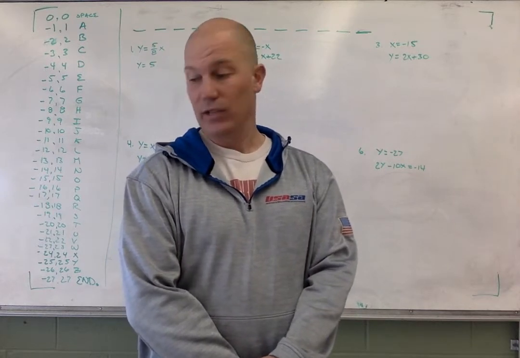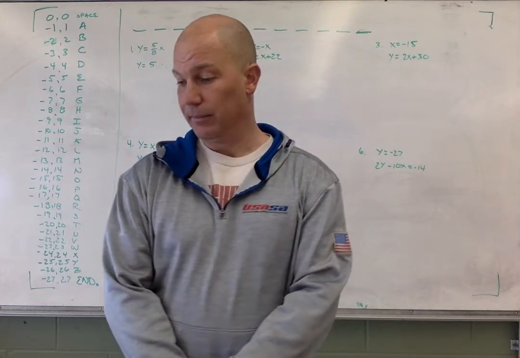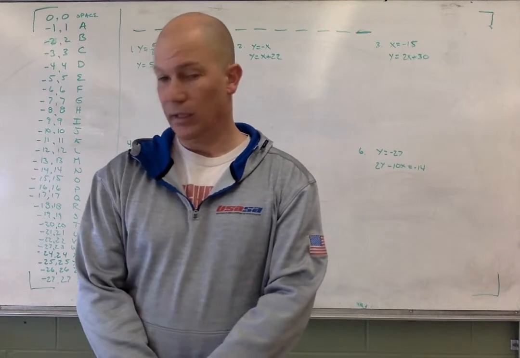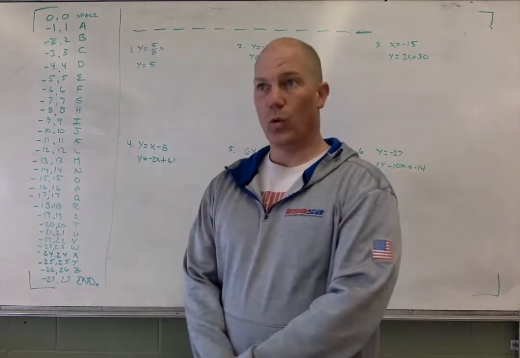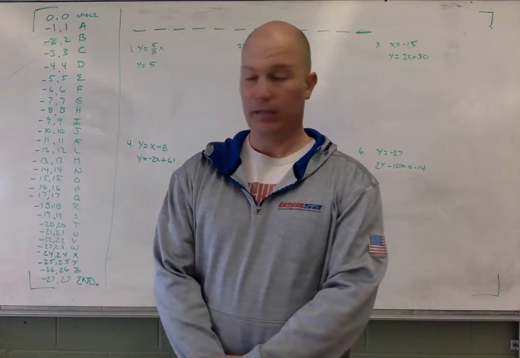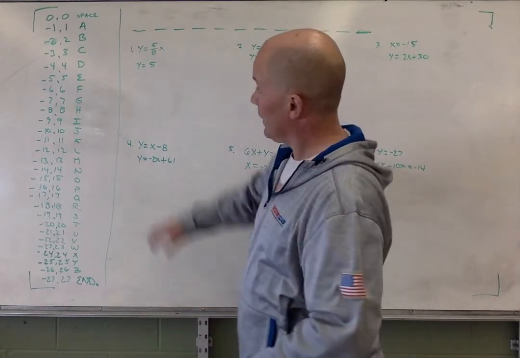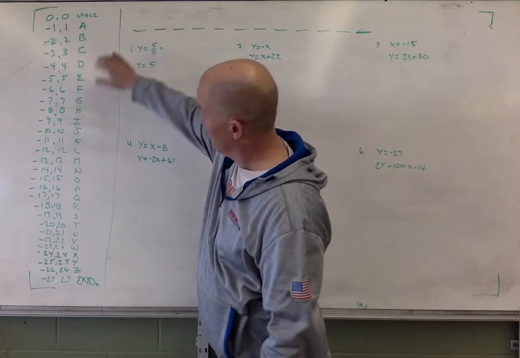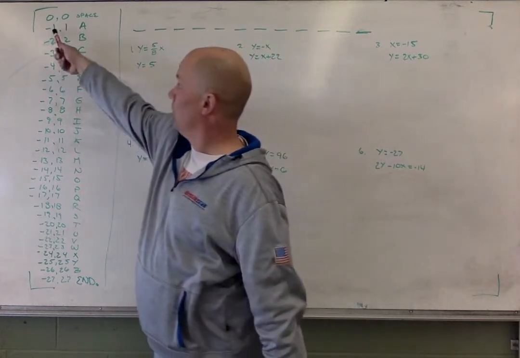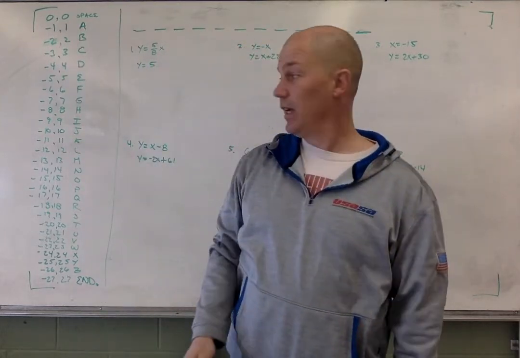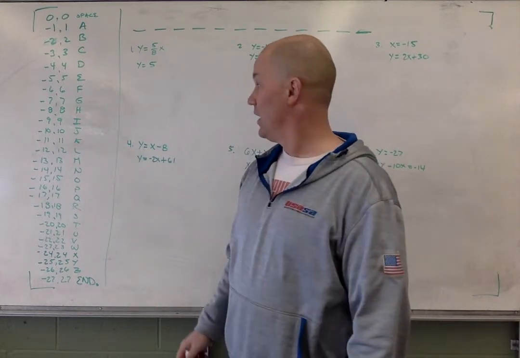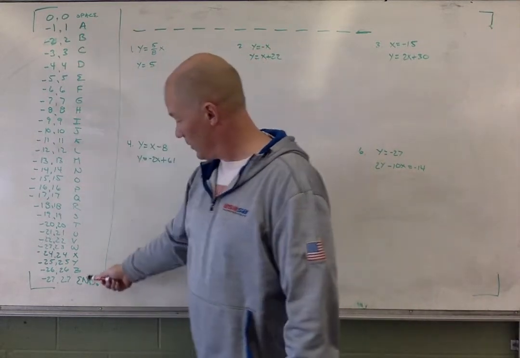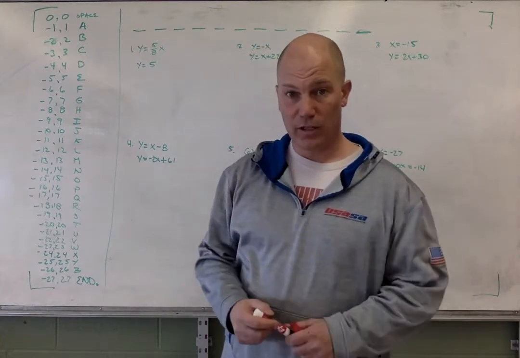So what I've done is I've created a kind of a code for you to solve. Well, actually, here is the code. It's very simple. -1 and 1 correspond with A, just like -10 and 10 correspond with J. Zeros are spaces. 27 means it's over.